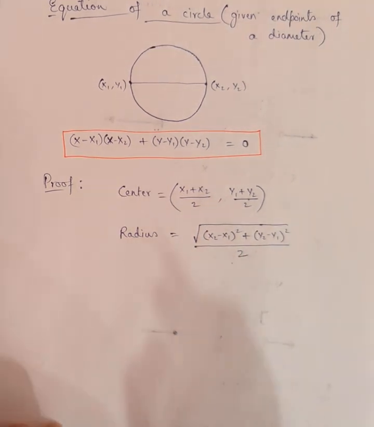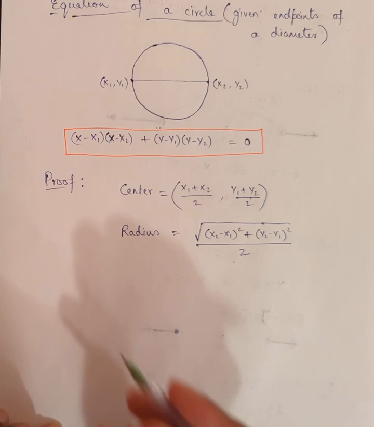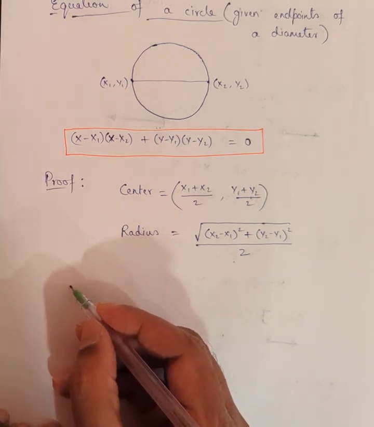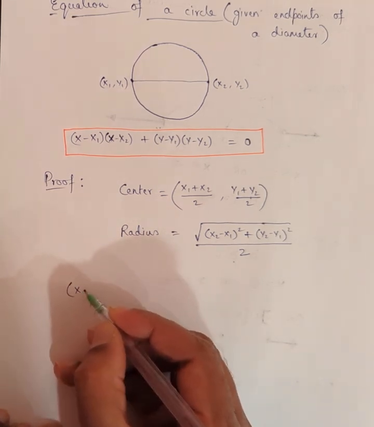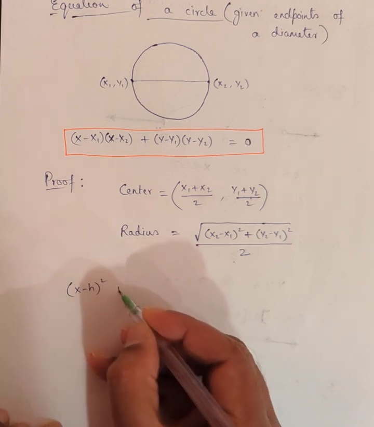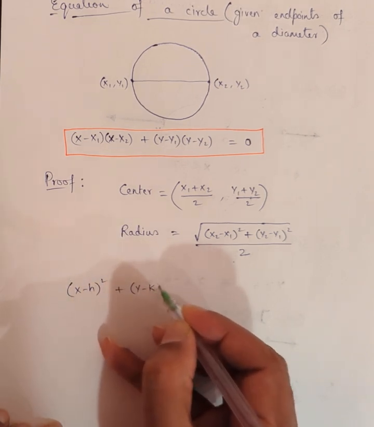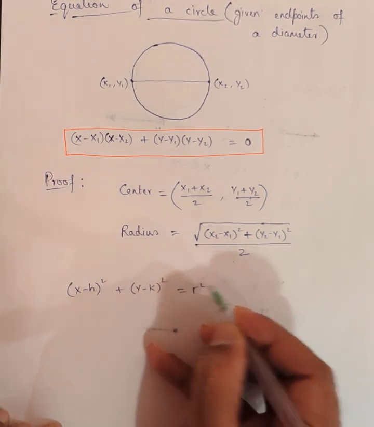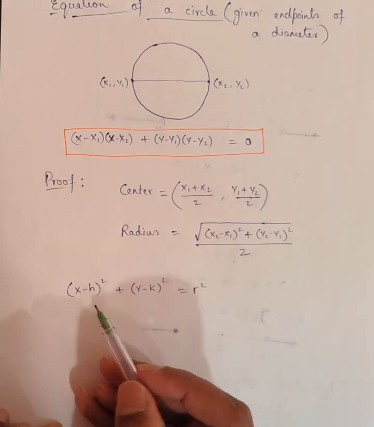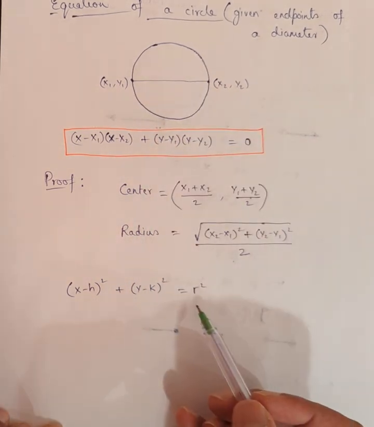Now we can use the center form of the circle, which looks like this: (x minus h) squared plus (y minus k) squared equals r squared, if the center is (h, k) and the radius is r.